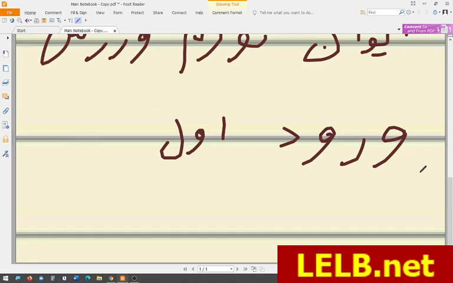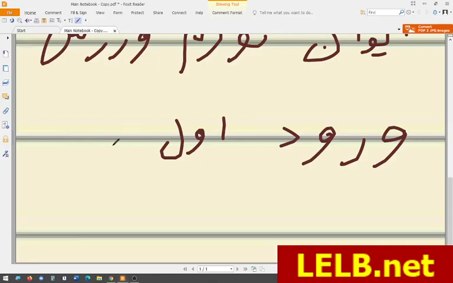That's why we say vorud. These are some explanations that I have already given you. The words in which the letter v makes the u sound are listed here.